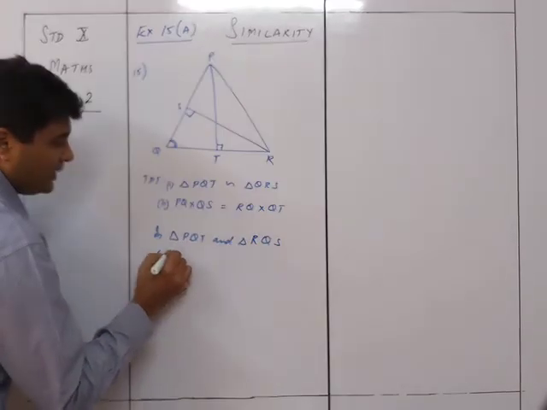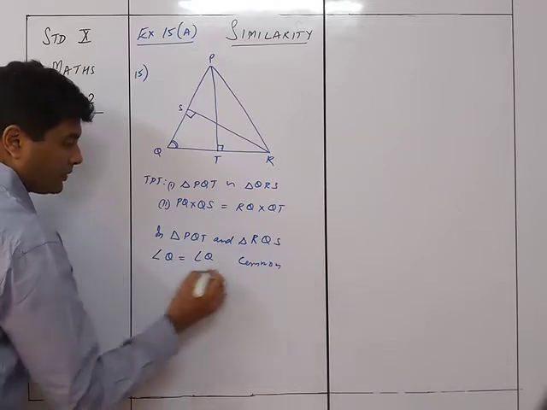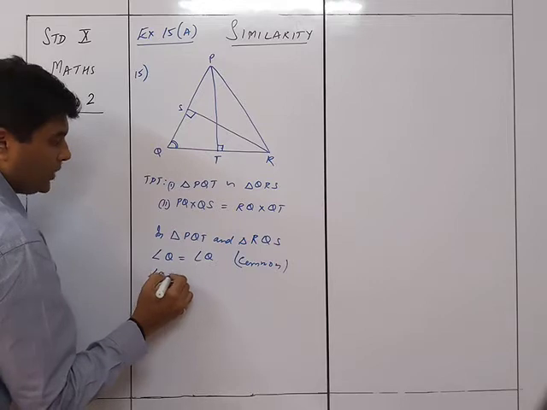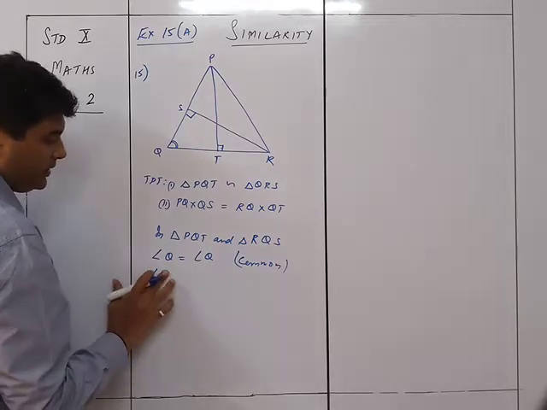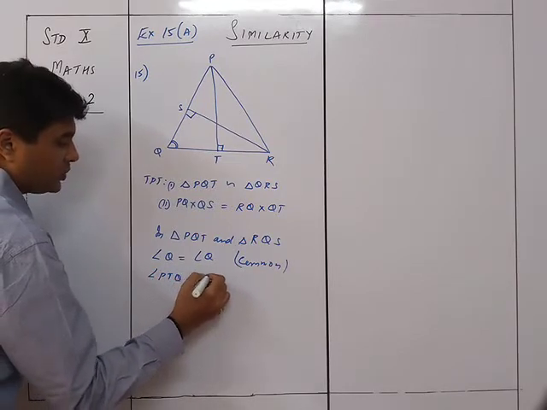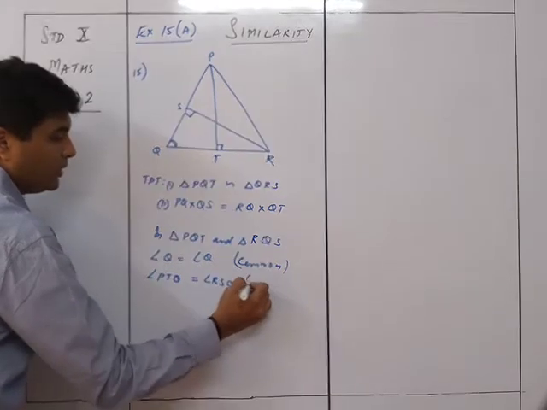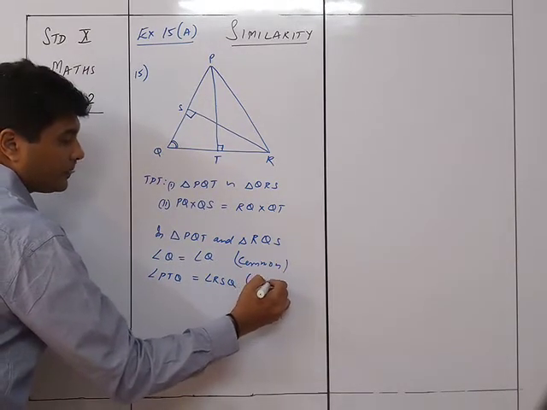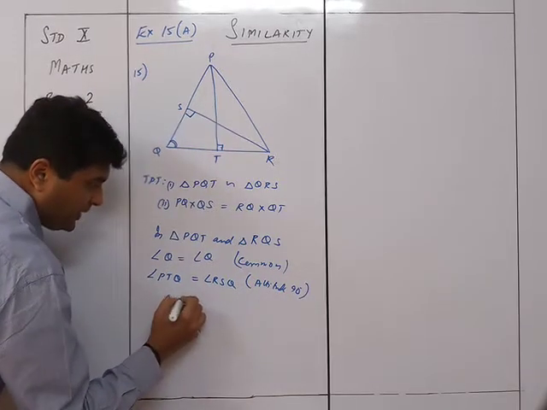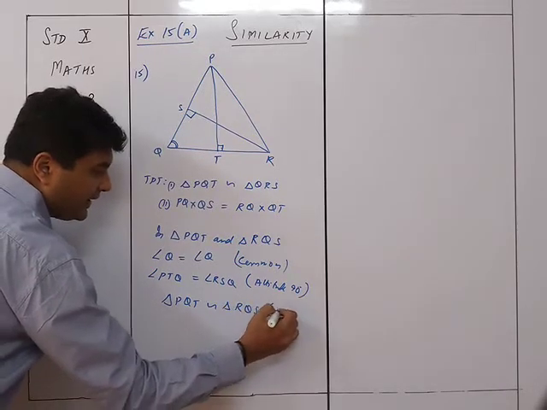So we know that angle Q is equal to angle Q, common, and we have angle PTQ is equal to angle RSQ, altitude, 90 degrees. Therefore, triangle PQT is similar to triangle RQS by AA test.